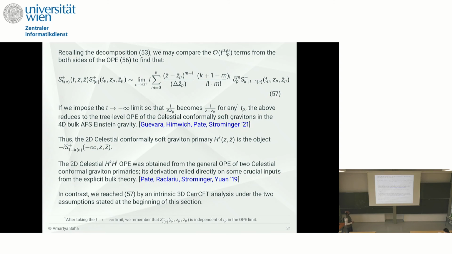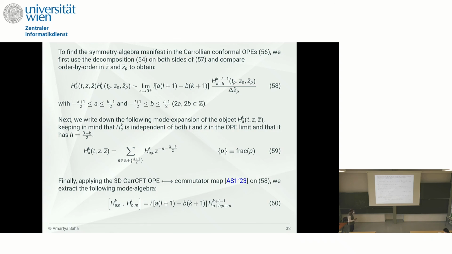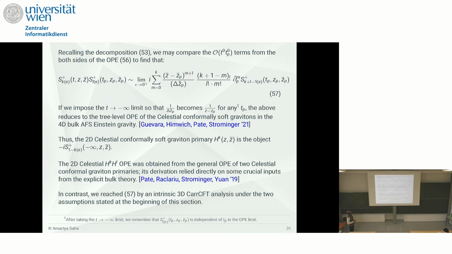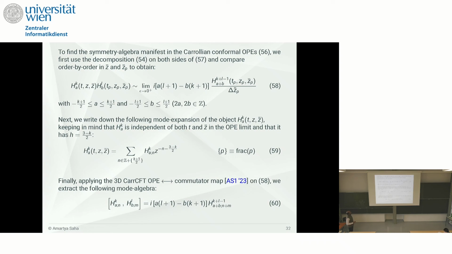Okay, so W1 plus infinity. From there we can just compare the powers of the anti-holomorphic coordinate, and from a version of the OP commutator relation, from a Carrollian CFT version of the relation between OP and commutator map that was developed here, we can find that finally the modes are defined in 59, so the algebra of modes is given by 60.